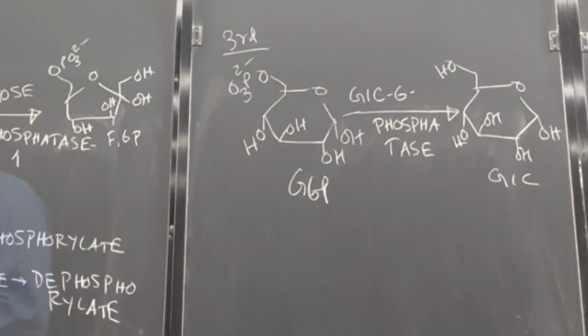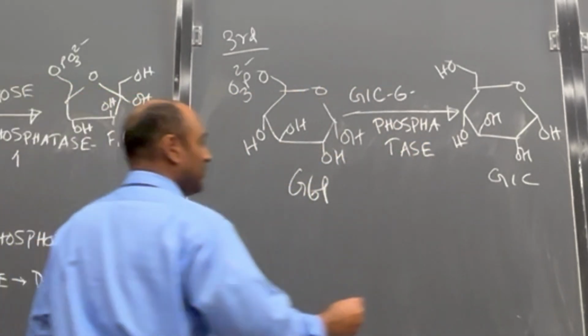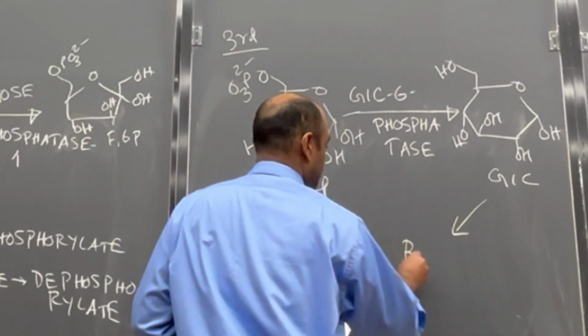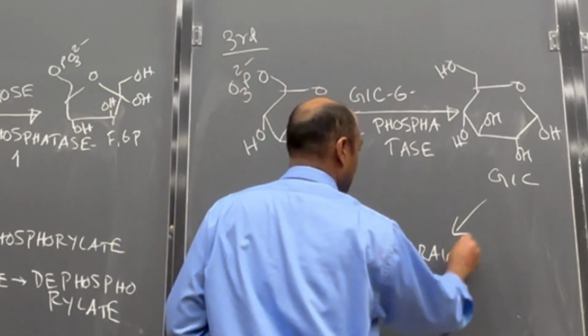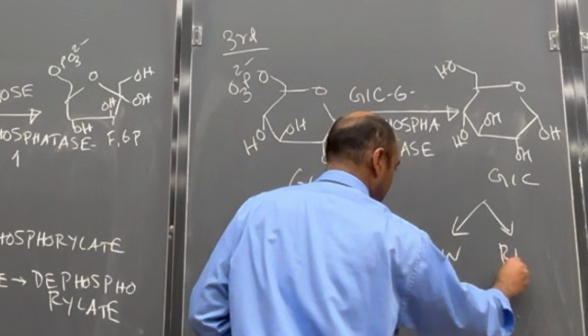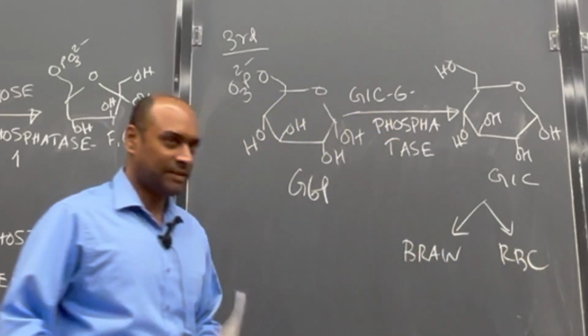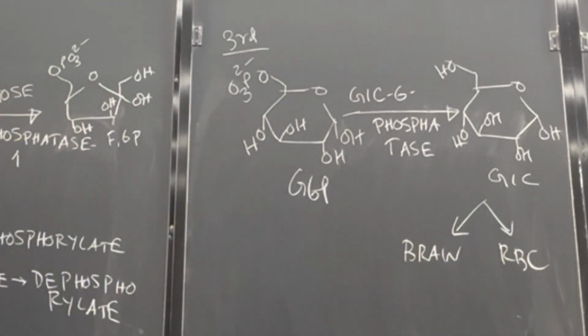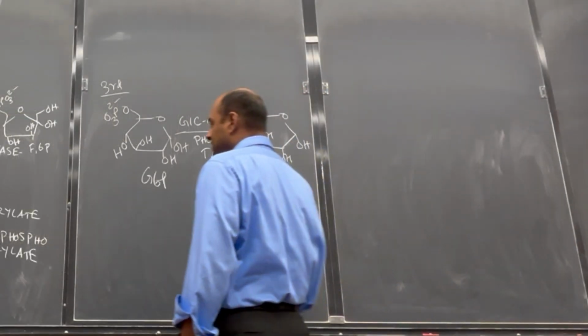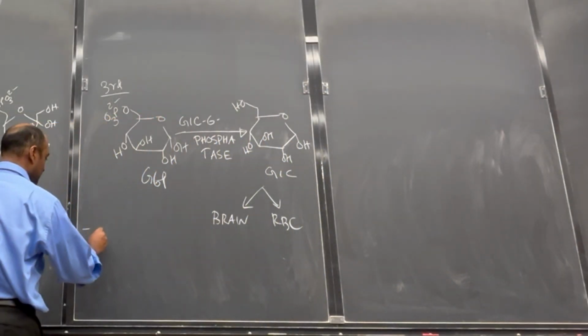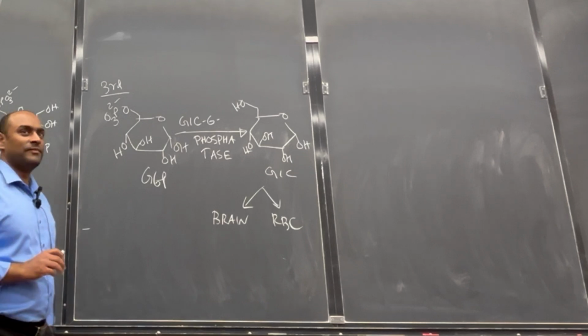Okay, so now once we have glucose, then you can feed this to the brain, right? Or you can give this to our red blood cells, RBC, because they survive on glucose as fuel, right? The next thing I was going to discuss is that gluconeogenesis is expensive.